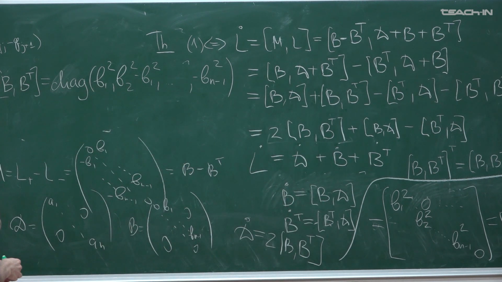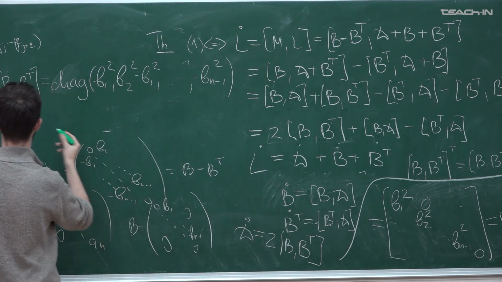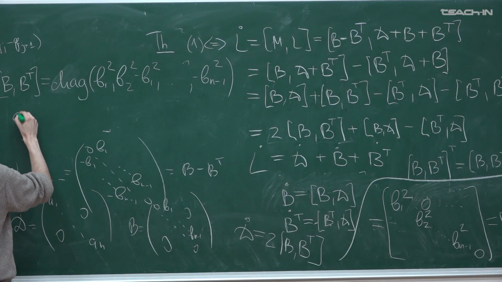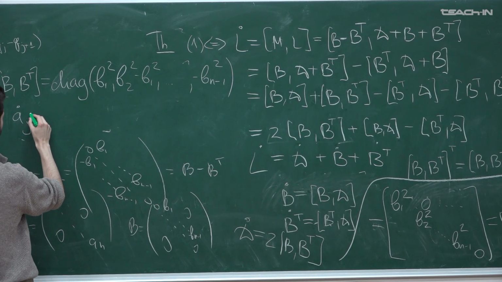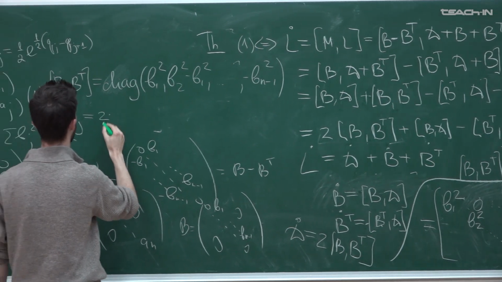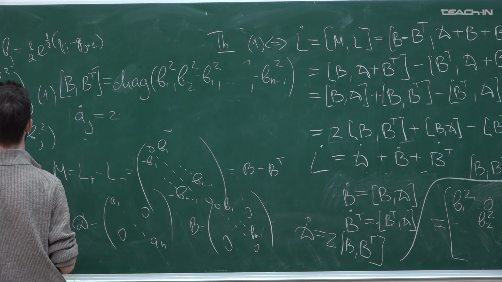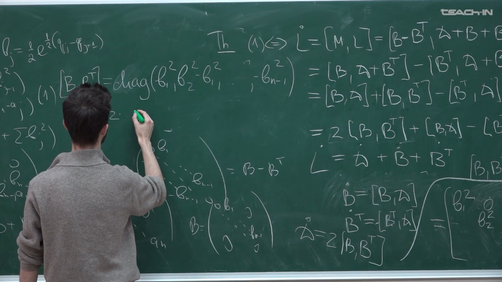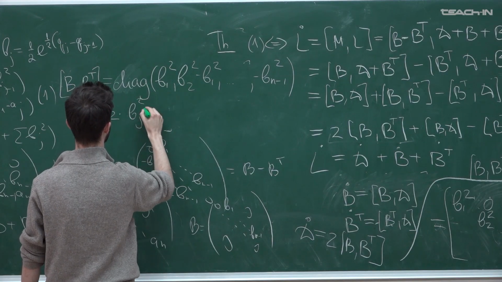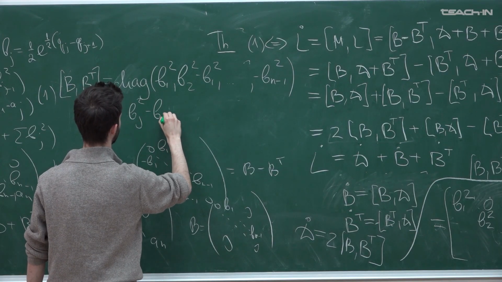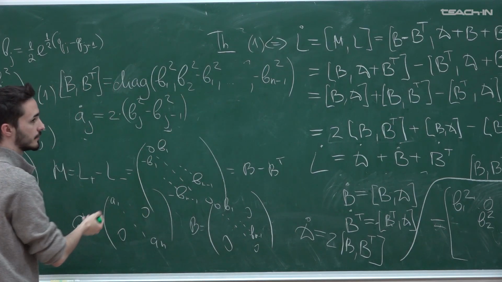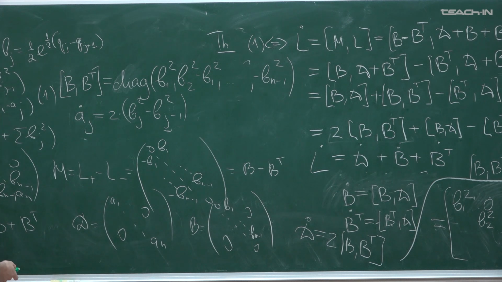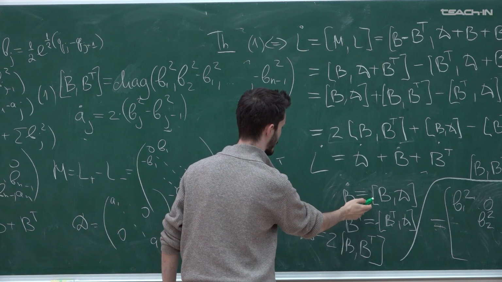And so this is just a_j, its derivative then is 2 by b_j squared minus b_{j-1} squared, where we set b_0 to 0. So this is satisfied, and then we move on to this one.